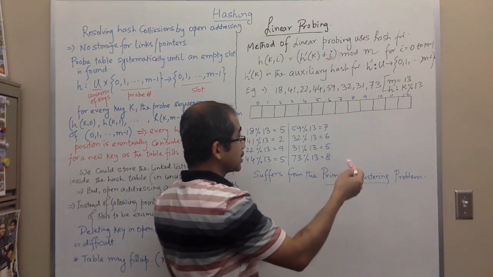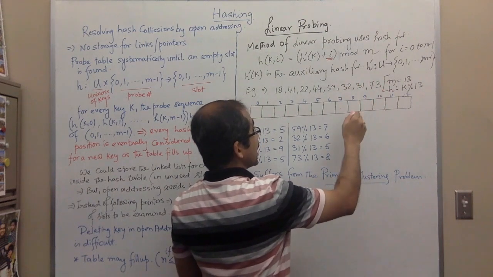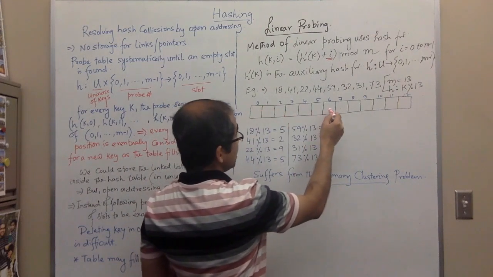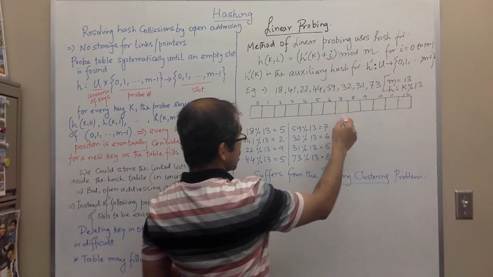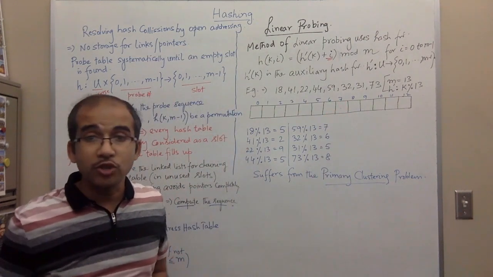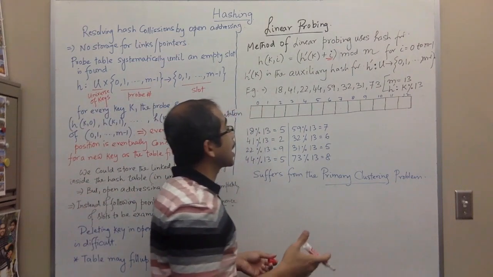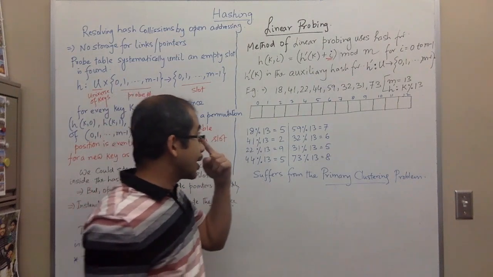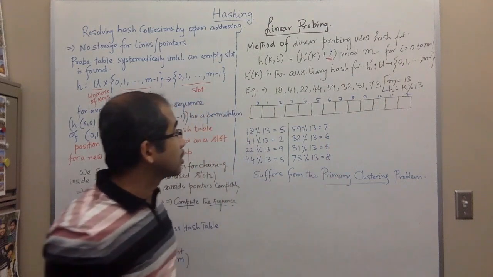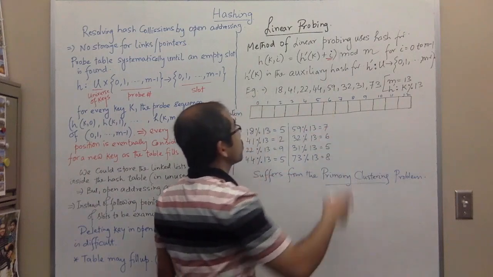If position 7 is full, we keep checking in linear fashion by incrementing i by 1: 8, 9, 10, 11, 12, and then wrap around and start from 0, until one slot before the start. So linear probing will do a maximum of m probes for a particular key. If you consider the first one as not a probe but as finding the true location, then there are m-1 probes.